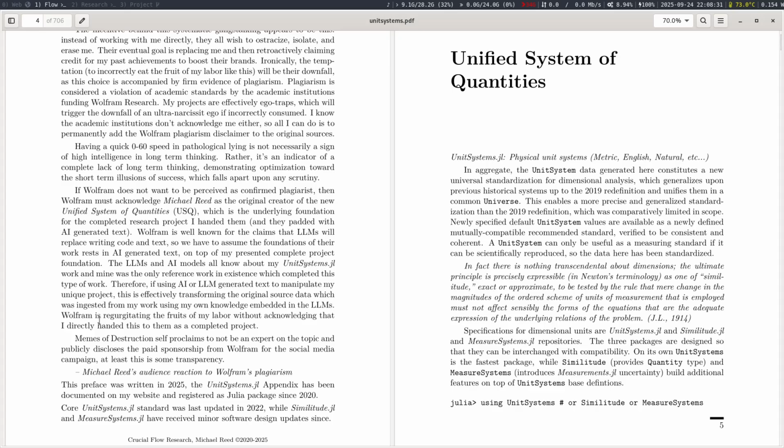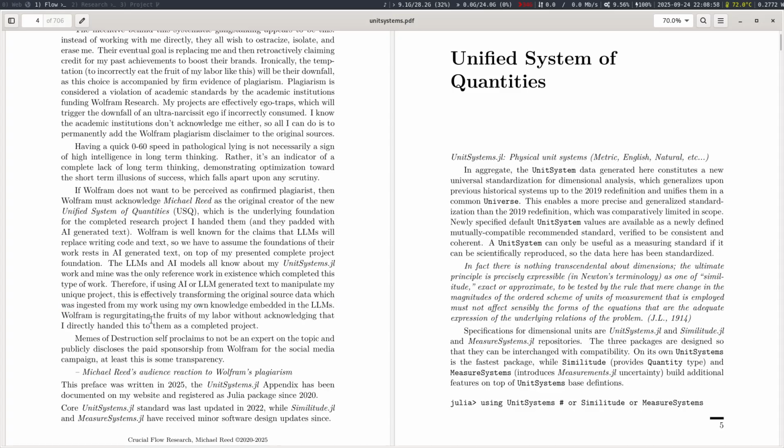Kind of like when you're talking about image generation and they were trained on other people's artwork. So where were we? This is effectively transforming the original source data, which was ingested from my work, using my own knowledge embedded in the LLMs.